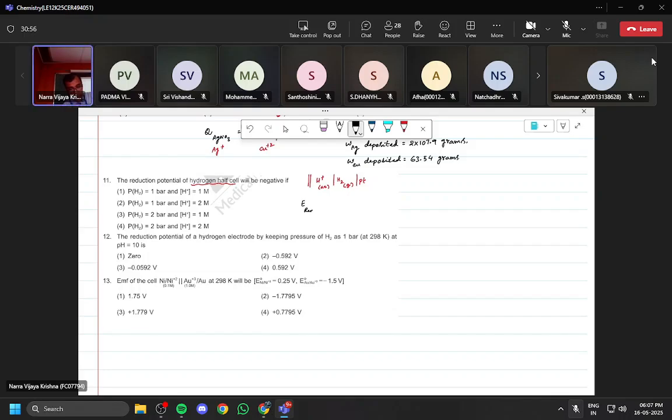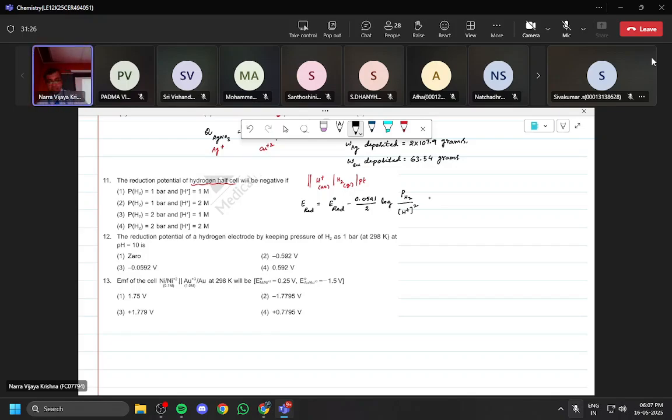E reduction equals E naught reduction minus 0.0591 upon 2 log of the pressure of H2 upon H plus square. Correct or not?